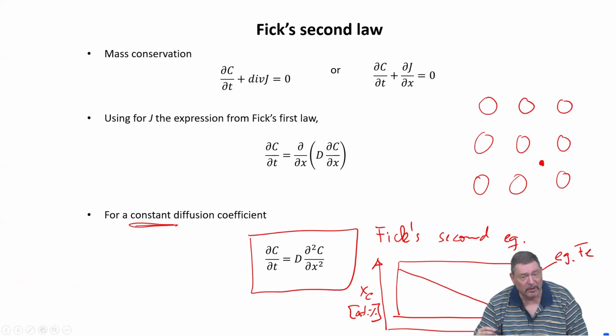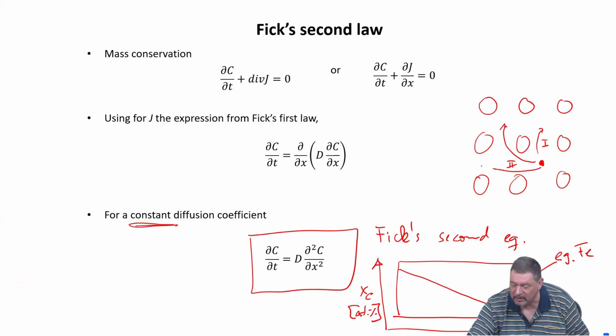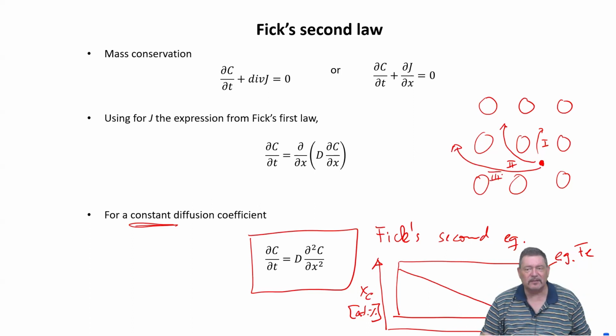There is a probability for going here, there is also a probability for going here, and there is a probability for going here, and for all other sites.